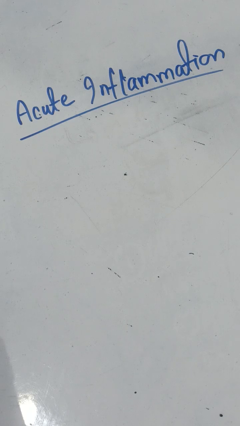Then vasodilation starts, in which blood vessels dilate and increase their diameter, and due to it there is an increase in blood flow, more redness, and more warmth. That's why these are the signs of inflammation: the injured site appears red, swollen, and warm.